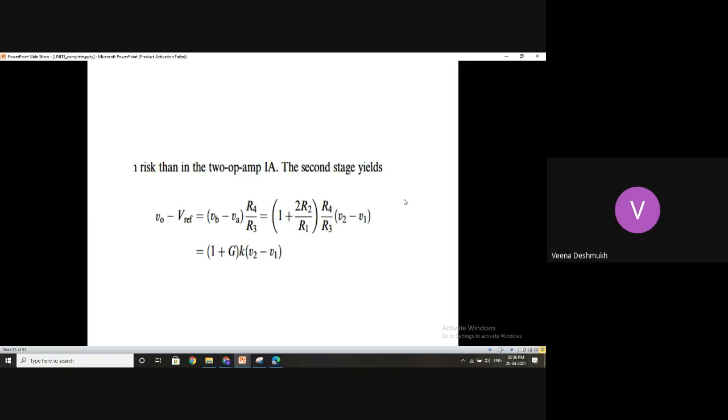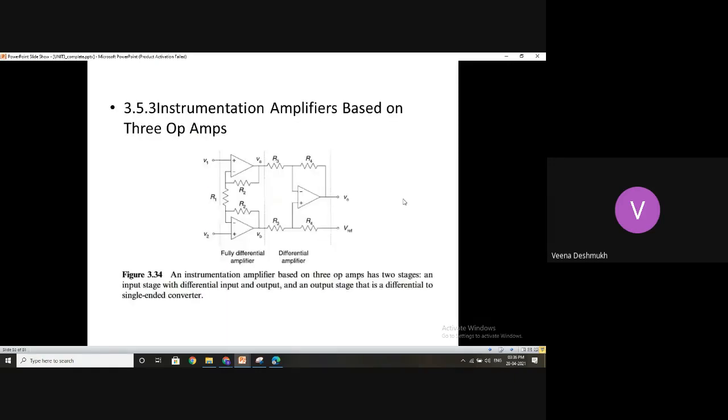If there is any DC offset present, with the help of this reference and adjustment, you can minimize that as well, so that in the final output you don't get any offset-related issues. That is why these 3 op amp based instrumentation amplifiers are very commonly and popularly used for weak signal amplification.